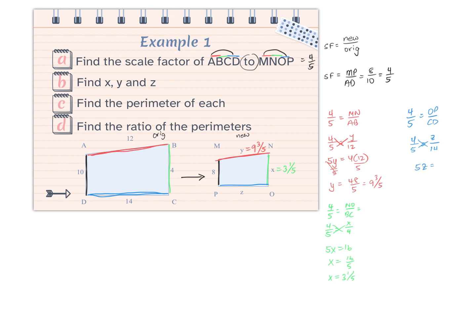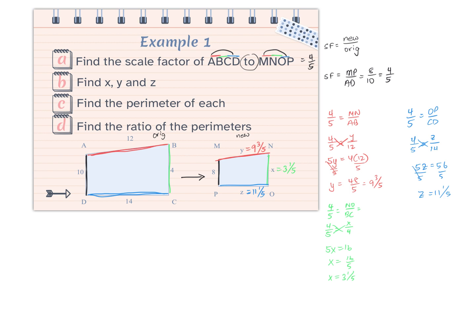So 5Z equals 56, and divide both sides by 5, and I get Z equals 11 1/5. Now, of course, they couldn't give it to us easy. They had to give us fractions. But again, we still were able to find the values of X, Y, and Z.